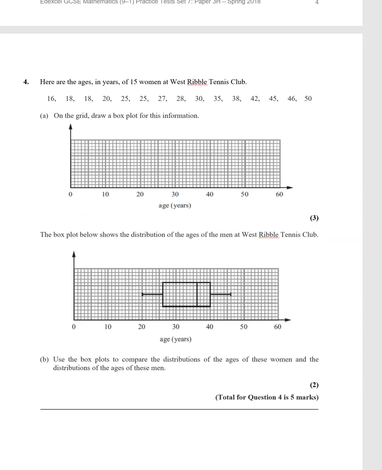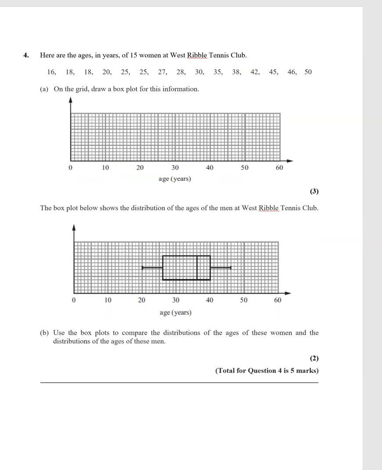Question 4. We've got the ages in years of 15 women at the West Ribble Tennis Club. Right, okay, so we need a box plot. So if we've got 15, the middle one is going to be the 8th one. 1, 2, 3, 4, 5, 6, 7, 8, which is 28.